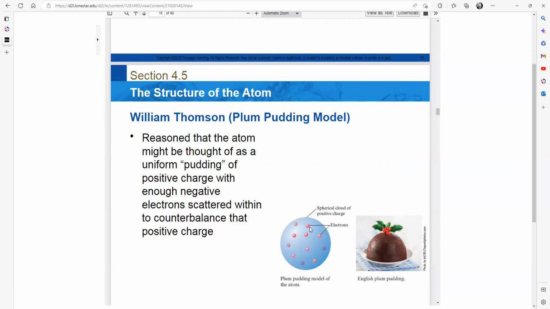And he says that in this mass of positive charge, you can find the tiny particles known as electrons that have the negative charge. Then the model of William Thomson about the atom is known as plum pudding model.